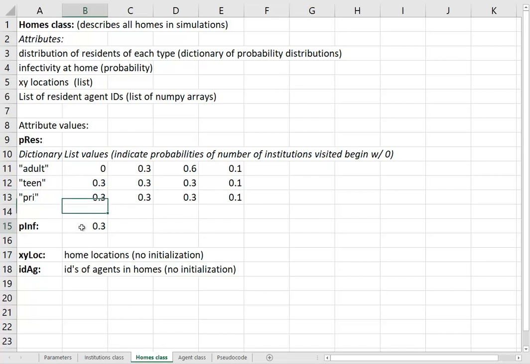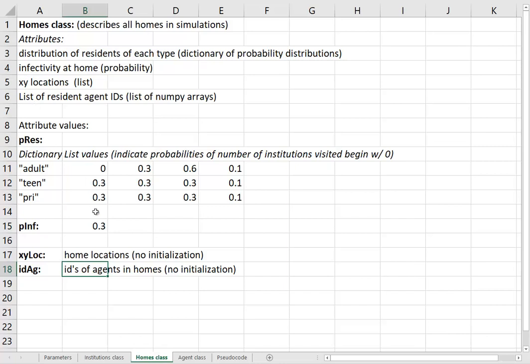Now, P-inf is the probability that any person at home will infect another person at home during one given day. The XY locations we will initialize later, and the IDs we will initialize later also. Okay, and these attributes correspond to these here.